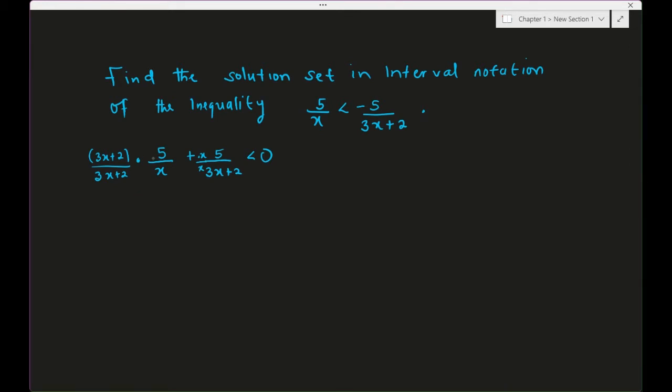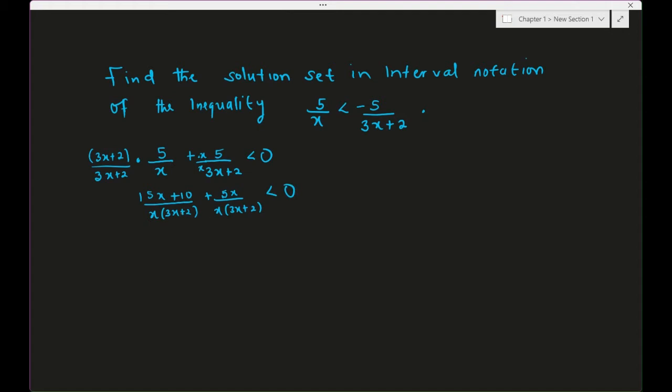So the numerator will be 15x plus 10 over the denominator x times 3x plus 2, plus 5x over the same denominator. And this will be less than 0.